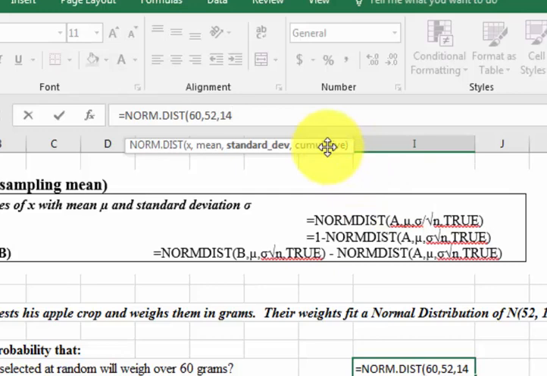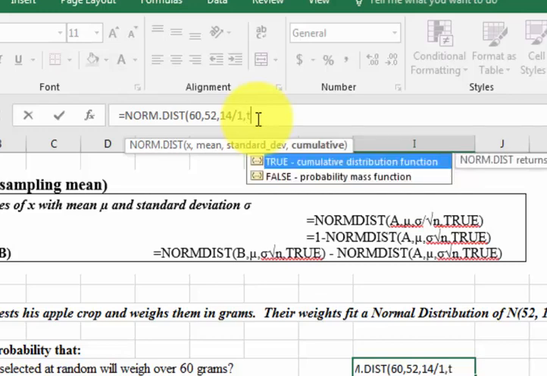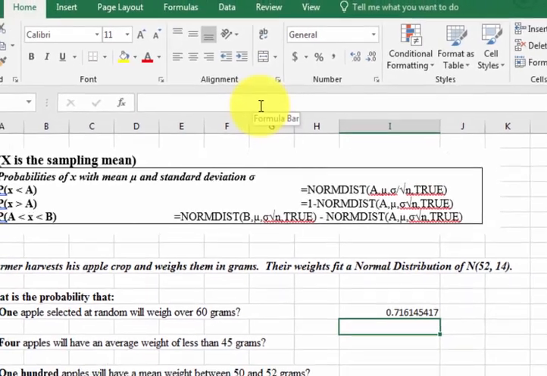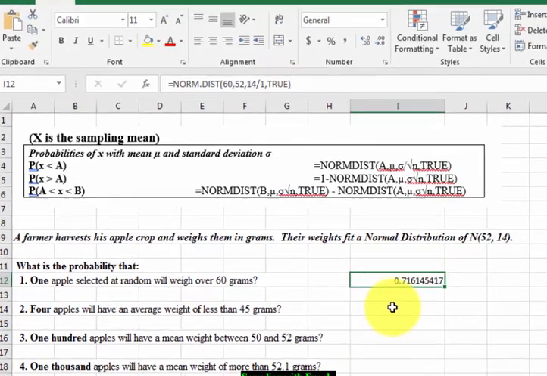Now we have to divide that standard deviation by the square root of the sample size. If the sample size is 1, the square root of 1 is 1, so we really don't have to, but let's put it in there because for the rest of them, I'm simply going to cut and paste this formula and change what we need to change. In the cumulative, we always just pretend it's true. Close parentheses, enter.